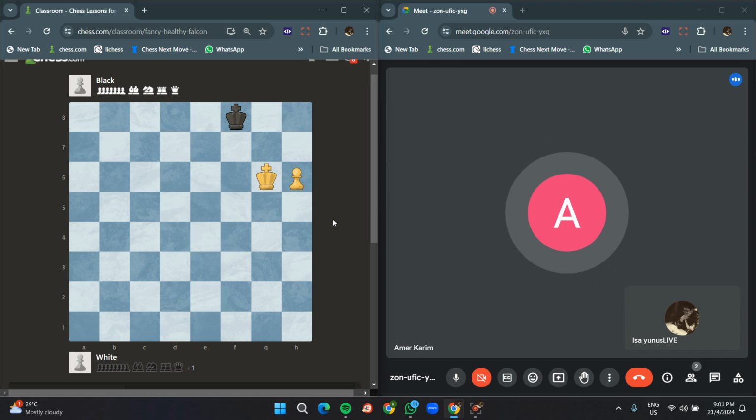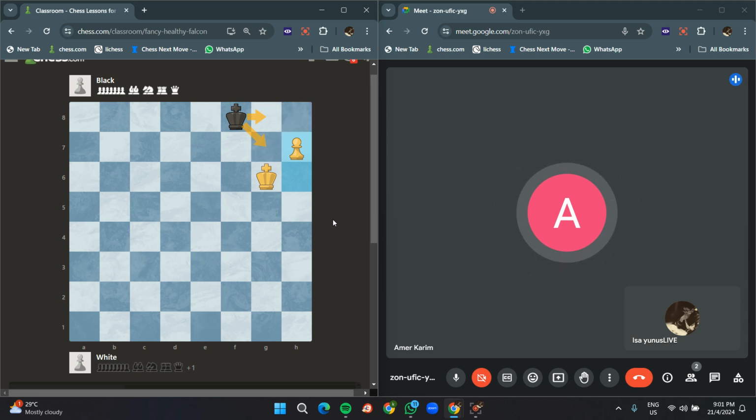And technically this should be a draw, but there is an exception. In this situation, when the pawn is on the sixth rank, white can push the pawn, and the black king cannot move this side and cannot move this to stop this. So white is winning this game because of this exception.